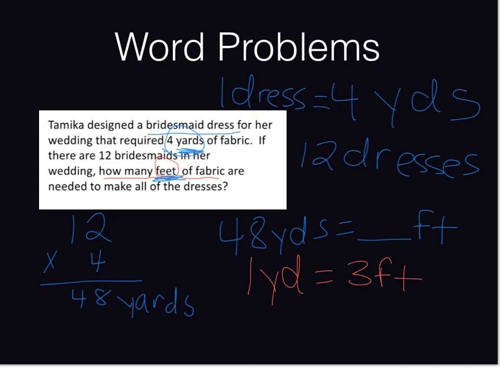So I'm going to come over here to my side and I'm going to do 48 yards times 3 feet. Tamika will need 144 feet of fabric for her dress.